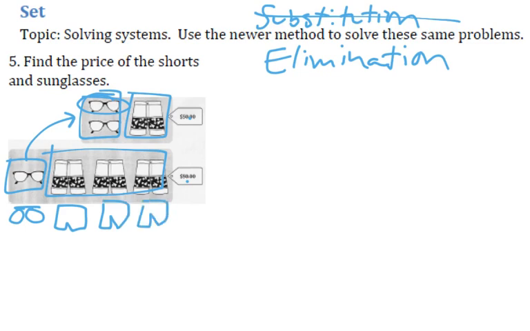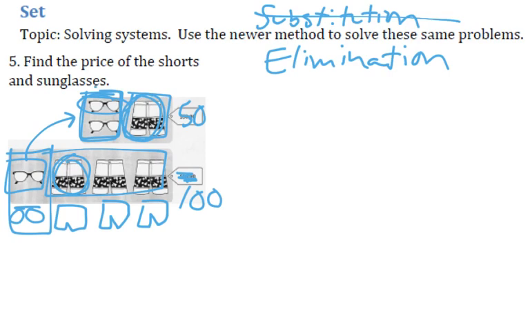So instead of just $50, we spent $100, because that's 50, right? We bought 6 pair of shorts and 2 pair of glasses. Well, now I know that these 2 pair of glasses and these 2 pair of glasses, and then there's 1 pair of shorts here, right? 1 pair of shorts here.